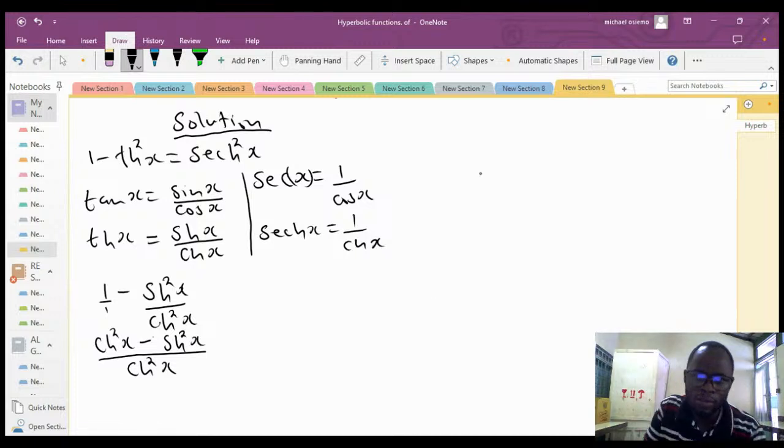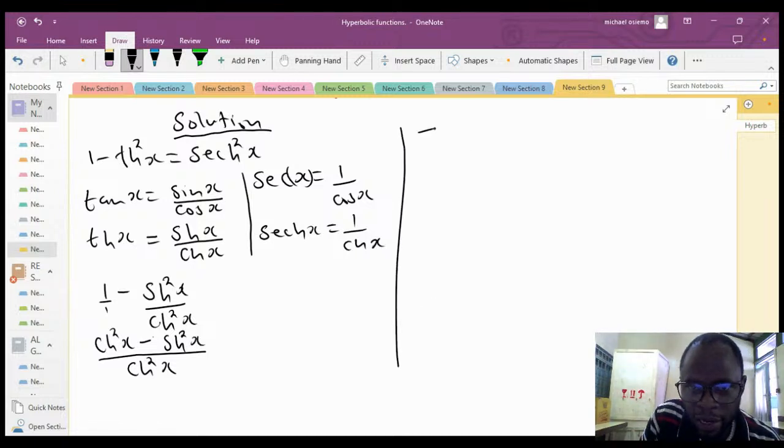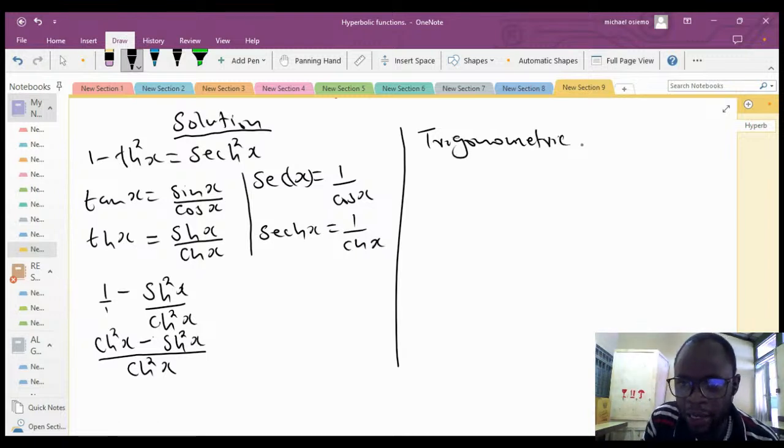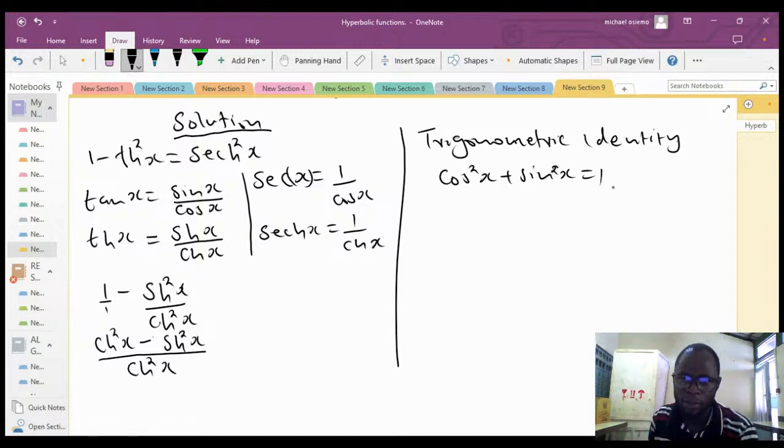Now we need to say something here. We have the trigonometric identity that states cos squared x plus sine squared x is equal to 1, and you know that's a basic identity in trigonometry.